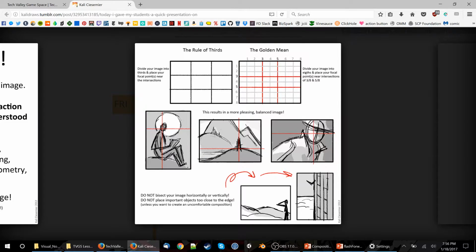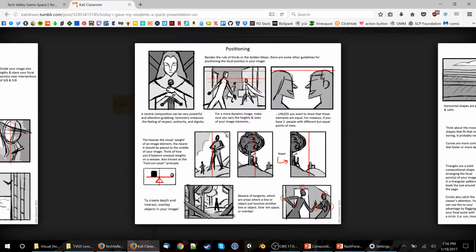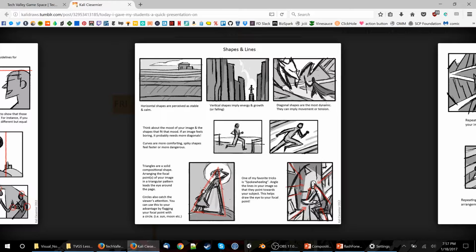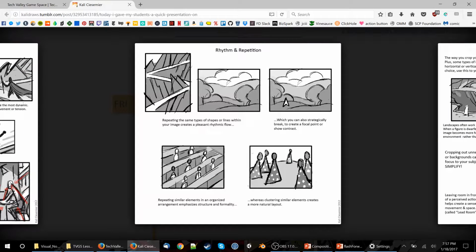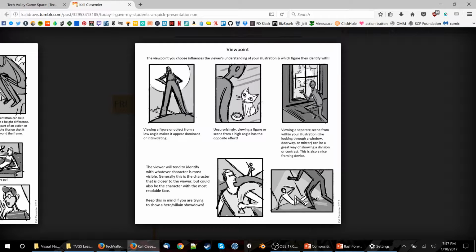We're just going to look at things real quick here, and they show you stuff and draw on things and point out good and bad, and talk about what the focus of your image is, and action lines and things like this. Shapes. All right. This is a really good explanation of composition and how you can use a number of other things rather than just the rule of thirds and stuff.